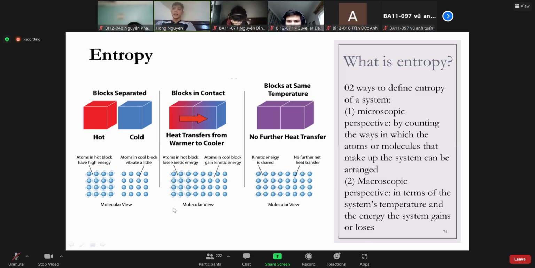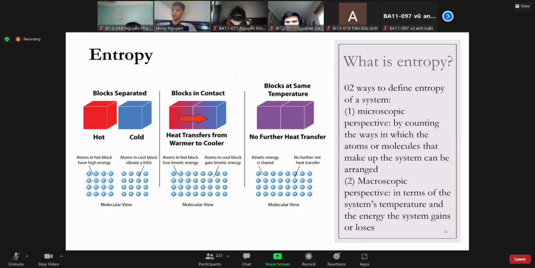The second way is to use a macroscopic approach, where we define the entropy in terms of the system temperature and energy the system gains or loses. So this is the way that has a direct link with what I just said, the entropy change in a heat engine or in a refrigerator, for example.